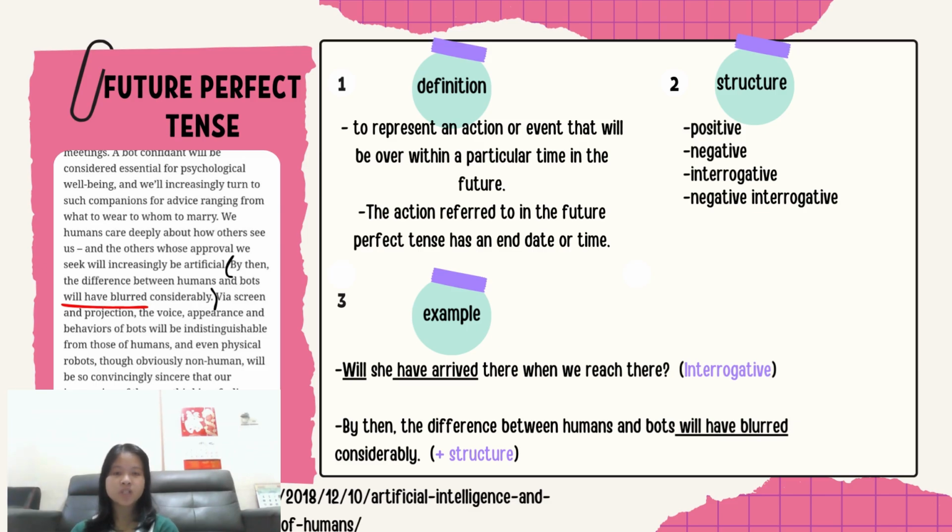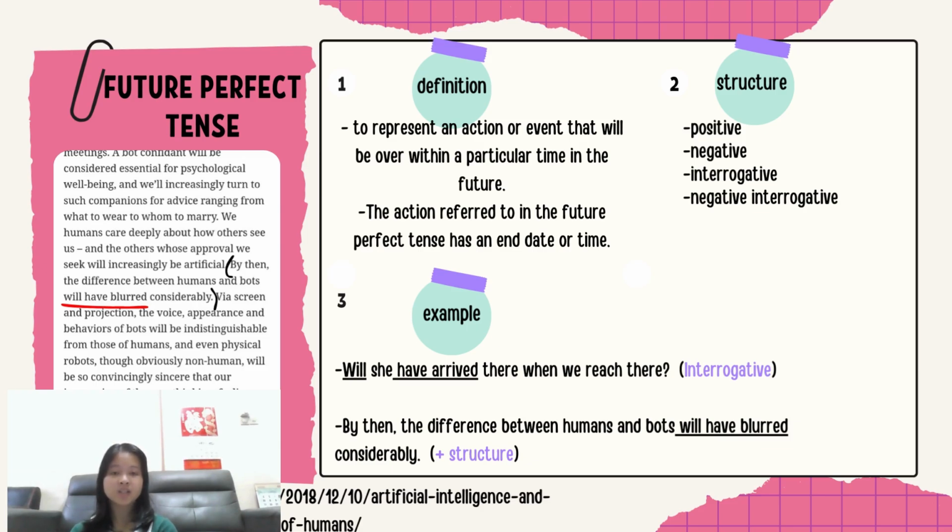This is a question type of sentence, which we call the interrogative structure. The formula for the interrogative structure is will plus subject plus have plus the past participle of the verb.